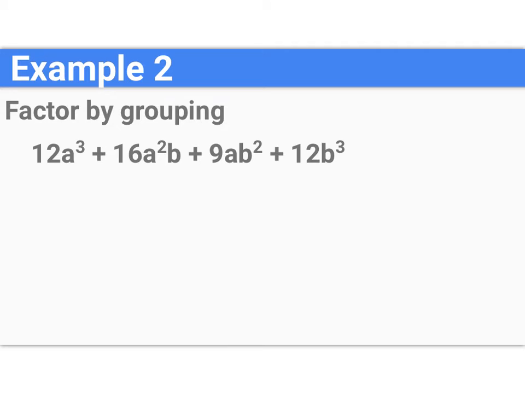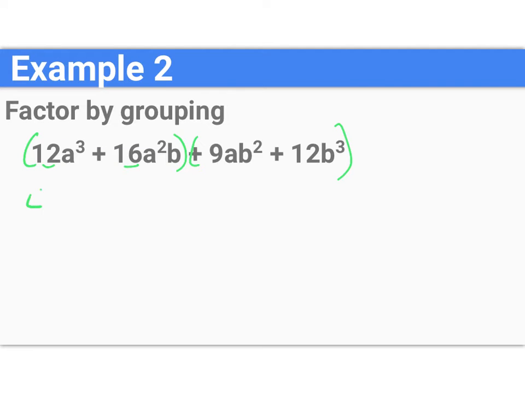Okay, factor by grouping. Now, this may not look very similar in your minds, and you may not know how to start. But if I was you, I would just put a parenthesis around the first two terms and a parenthesis around the second two terms. And let's see if we can find anything that is common. 12 and 16 both have 4 as a factor.